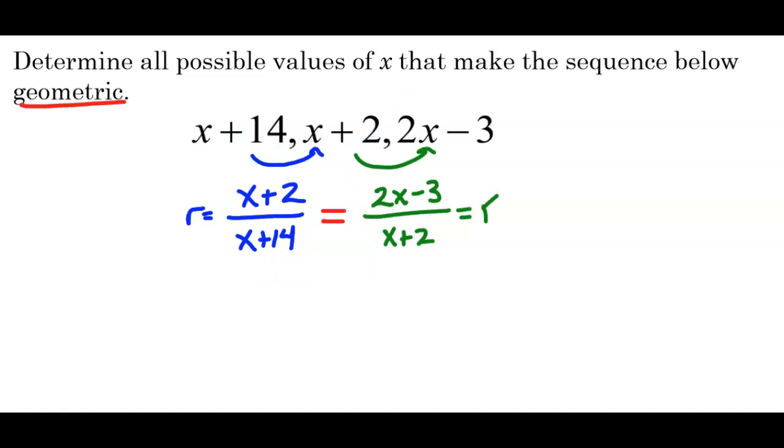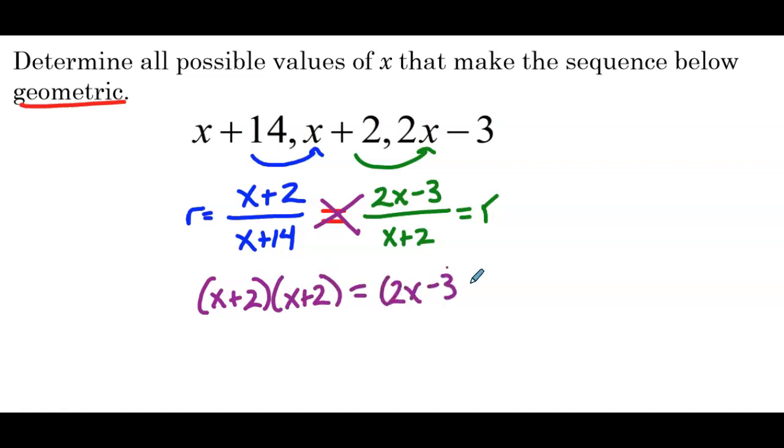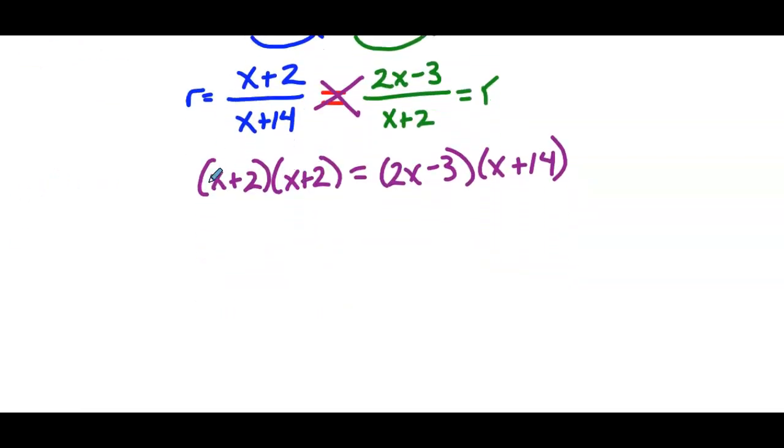We'll start by cross multiplying. So we have x plus 2 times x plus 2 equals 2x minus 3 times x plus 14. So we have to simplify first. On the left side, we have x squared plus 4x plus 4.